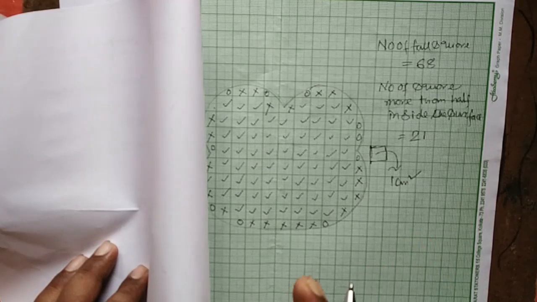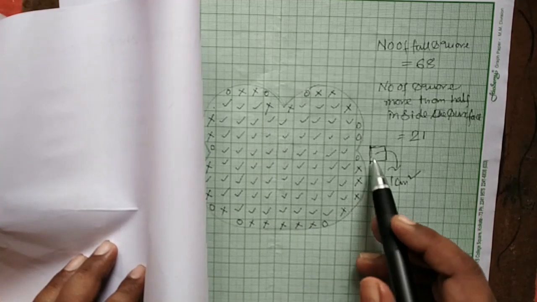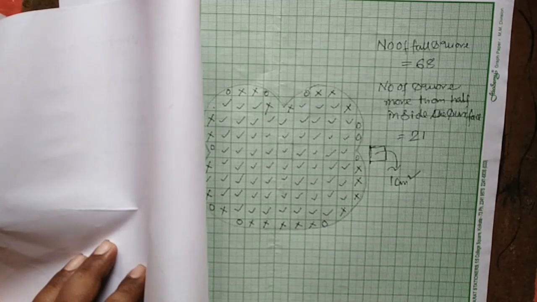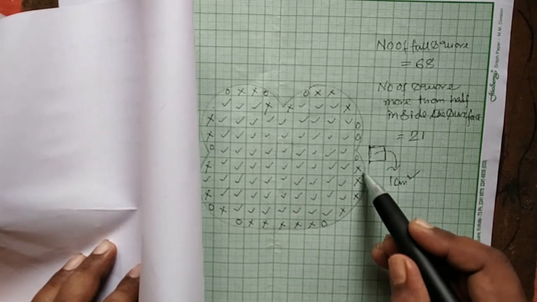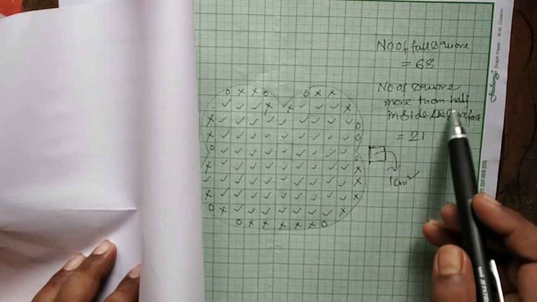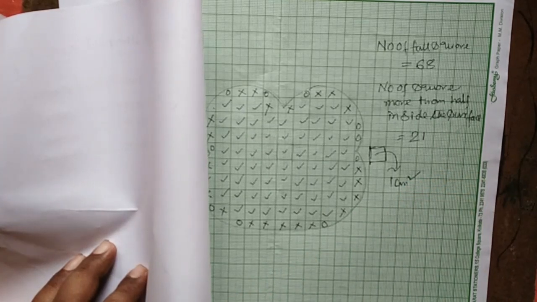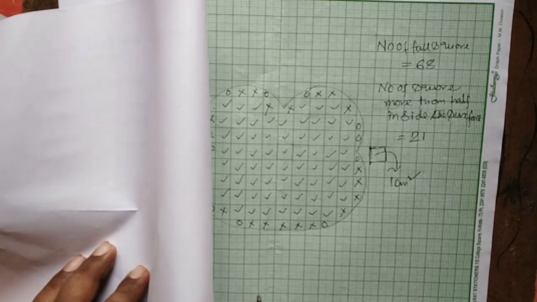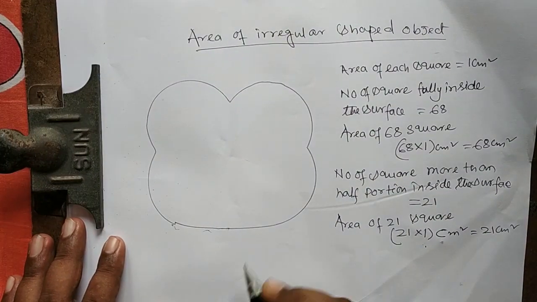So as those are not taken, the portions which are taken, which are more than half, can be taken as 1 square. So the squares more than half or half inside the surface can be taken as full squares. For that reason it is 21 centimeter square.